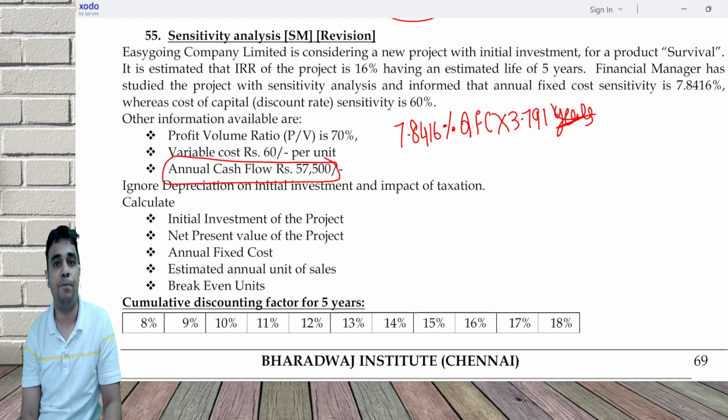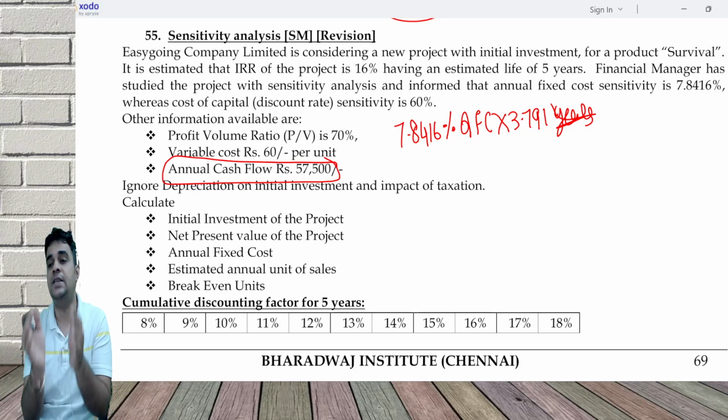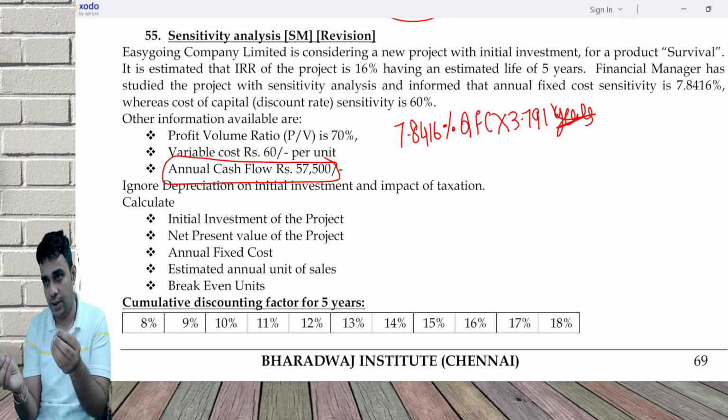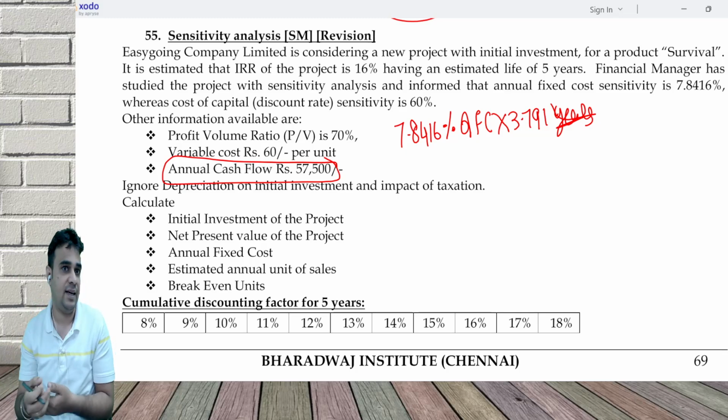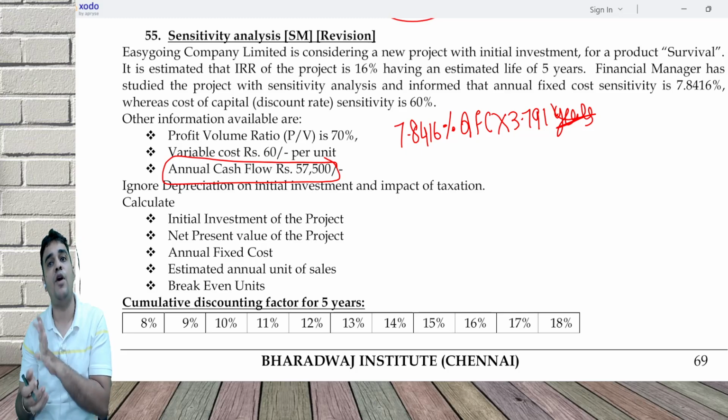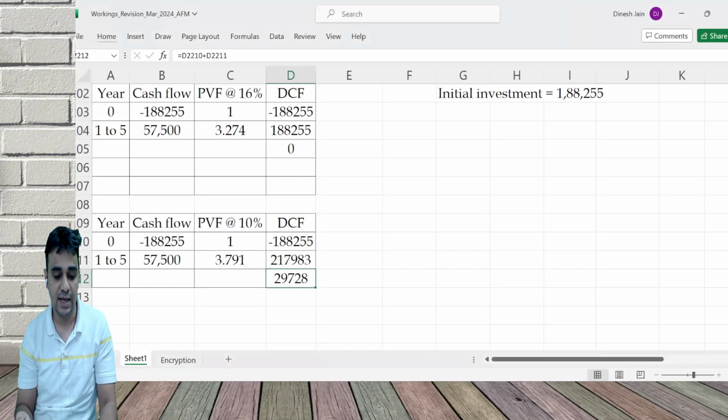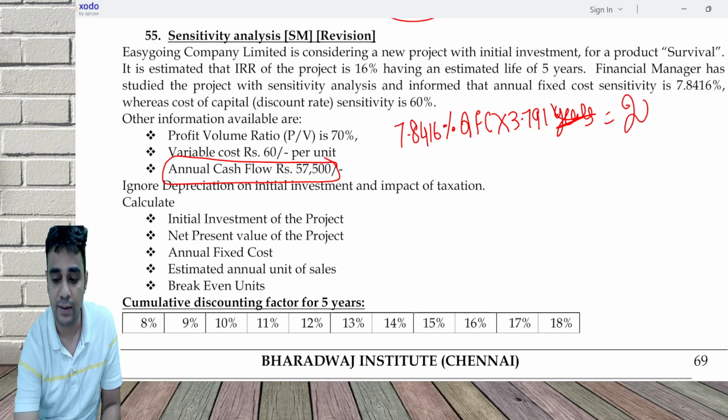That is the first year fixed cost. I don't know the number, it changed by 7.8416 percentage. Second year again it changed, third year again, fourth year again, fifth year again, into 3.791, is equal to the NPV I am generating.